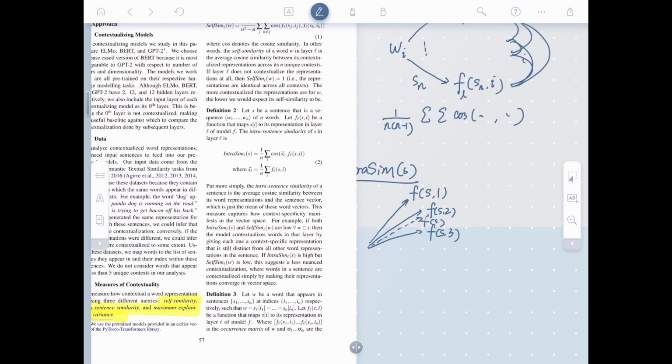The author defines intra-sim by computing the cosine similarity between the sentence vector and each of the word vectors. So if the words are very close to each other, then there's going to be very high intra-sentence similarity.